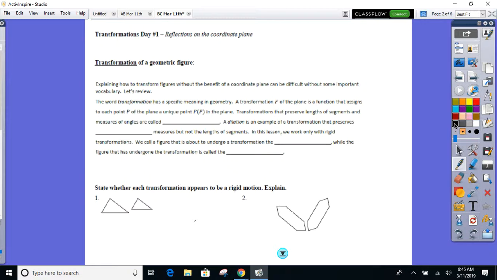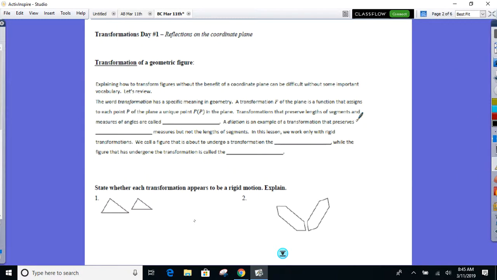Transformations that preserve lengths of segments and measures. Do we remember what we called those? I think I've used this term before. Like reflections, rotations, translations. If they don't change size or shape, they're congruent to each other. We had a term for them. Rigid motions. Yep, rigid motions.